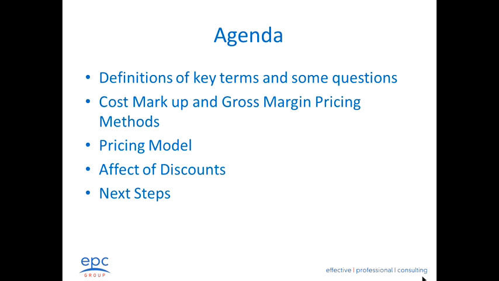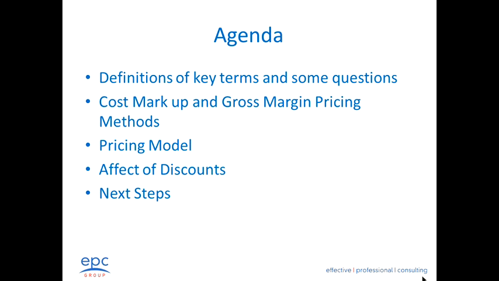So we're going to start with some definitions of some key terms and some questions that I want you to be thinking about related to that. Then we're going to spend some time going over the two pricing methodologies, which is the cost markup and the gross margin pricing model. And then I'm going to walk you through a pricing model analysis, and we're going to talk about discounts because I can tell you that this is one area that I definitely see business owners need to get better control over.